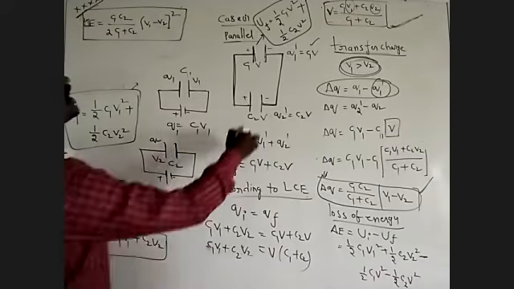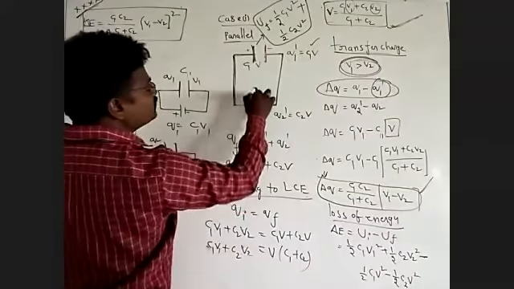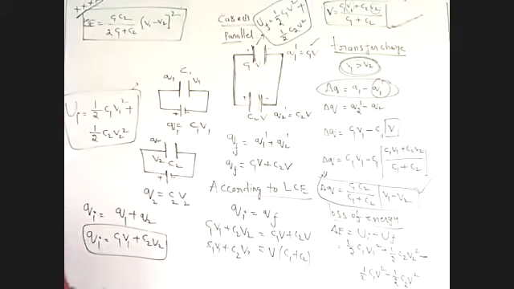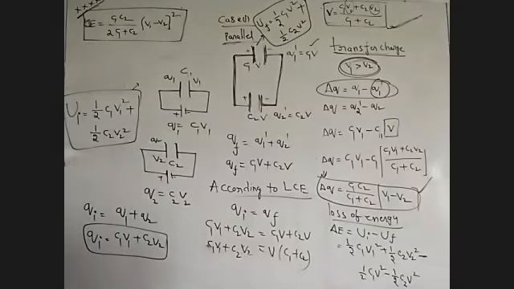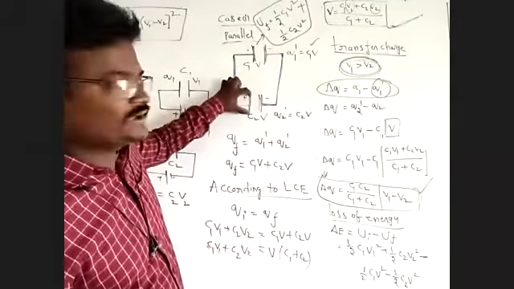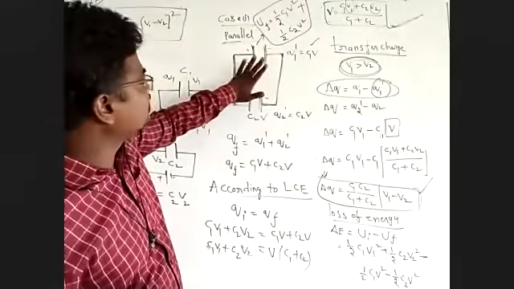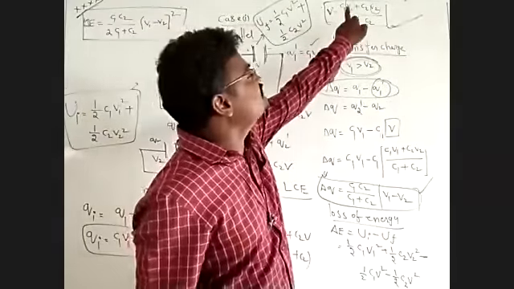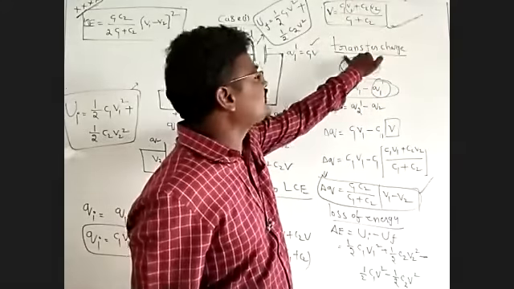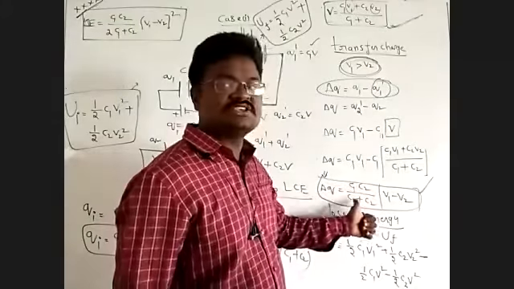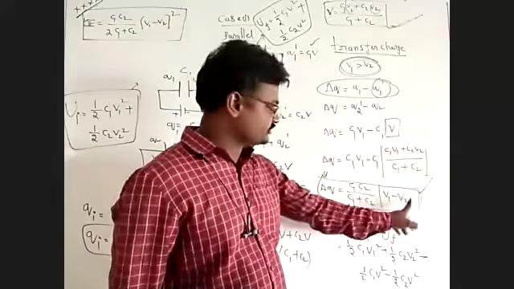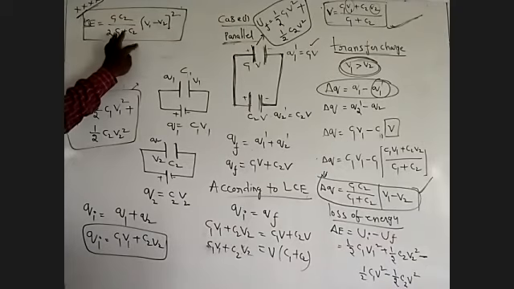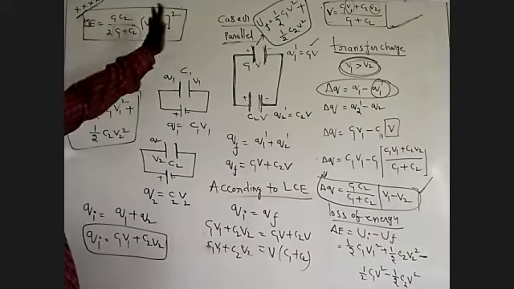When the positive plate is connected to the positive plate and the negative plate to the negative plate, we call this a parallel connection. In the parallel connection, common potential is C1 V1 plus C2 V2 by C1 plus C2. Transfer of the charge is C1 C2 by C1 plus C2 into V1 minus V2. Loss of energy is C1 C2 by 2 times C1 plus C2, into V1 minus V2 square.